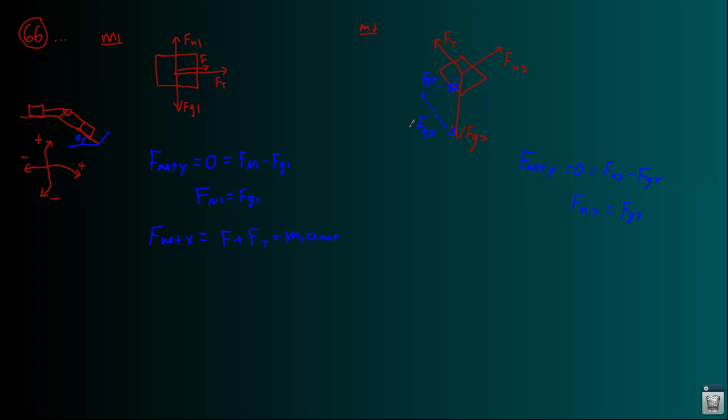The acceleration of this block equals the acceleration of this block because they're linked with a rope, so I'm not going to call this 1 or anything. Over here, F net x equals m2 times a net, which equals the x component of gravity pulling down in the positive direction, so that's Fgx, minus the tension going up in the negative direction.